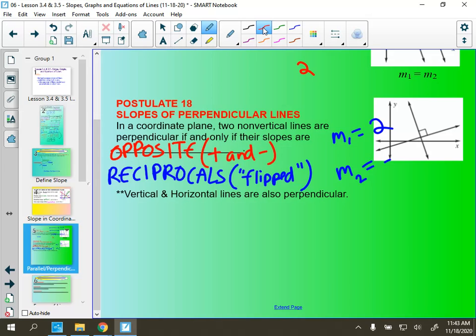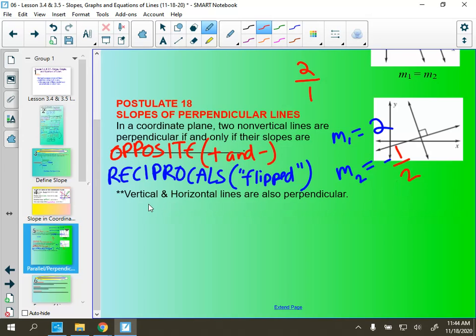I was going to try to flip the actual number, but remember 2 can be written as 2 over 1. The reciprocal of 2 over 1 is 1 over 2. So two things have to change. The sign from positive to negative, or it could be negative to positive, depending on what your initial line is. And I need to flip that line over. All right, so that's kind of the big review there.